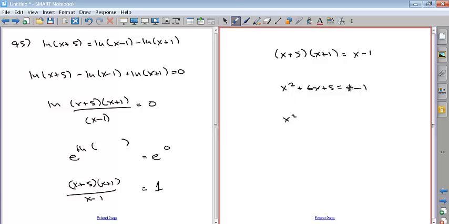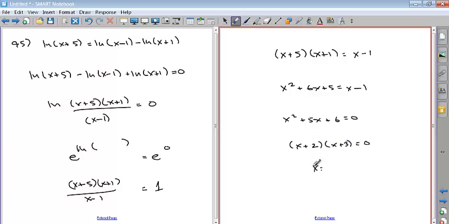So this becomes negative x plus 6x will give you 5x. And 5 plus 1, when this goes to the other side, it becomes positive 1. You get 6. And you can factor that. You get x plus 2, x plus 3 is the factor.